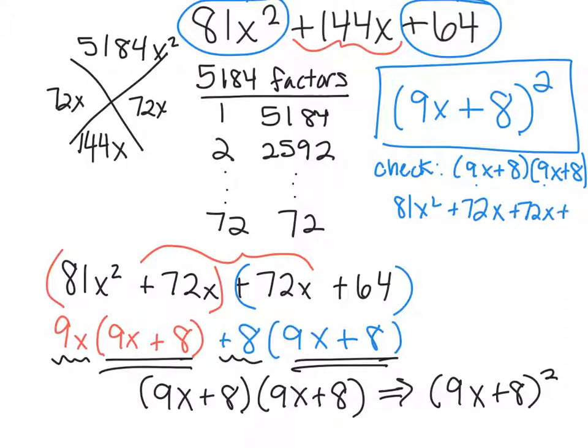And 8 times 8 is 64. When I combine like terms, we're right back where we started: 81x squared plus 144x plus 64. There we go. There is the perfect square trinomial.